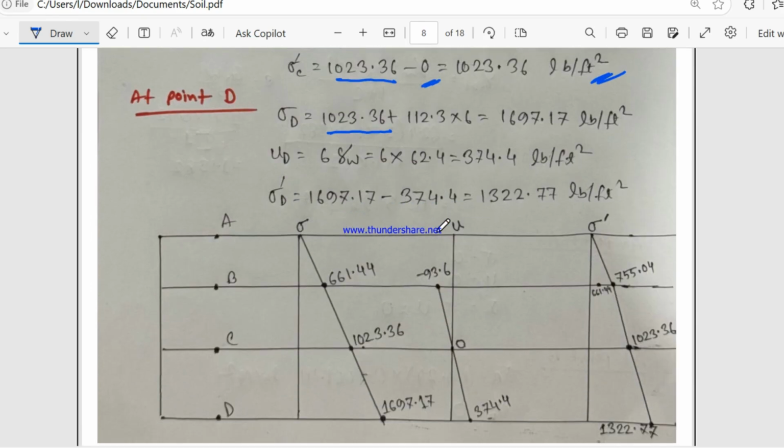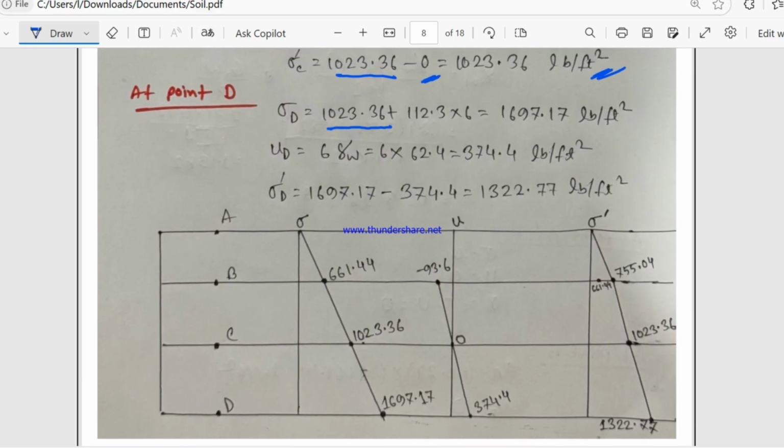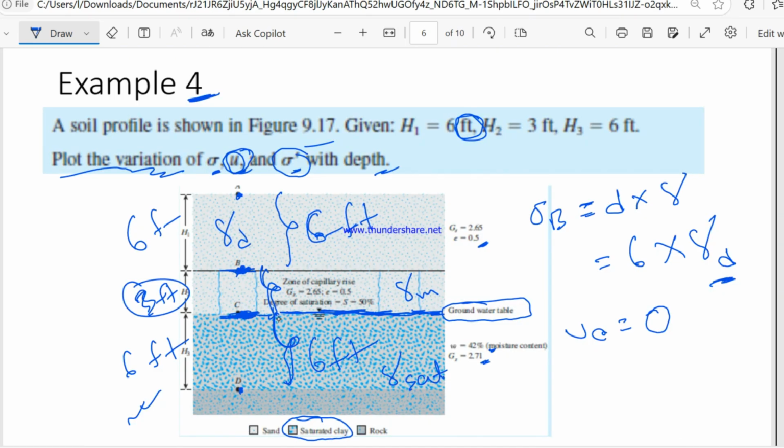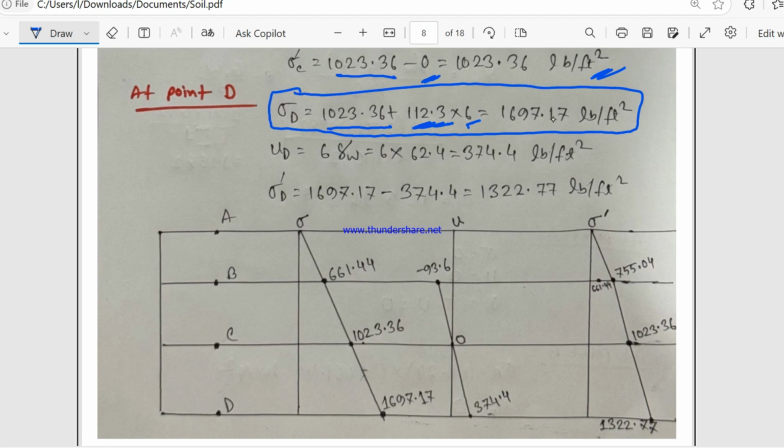Then the distance was 6 feet, so 6 times 112.3. Then we get, for point D, total stress is 1697.17 pounds per square foot, and the formula of pore water pressure is distance times water unit weight.